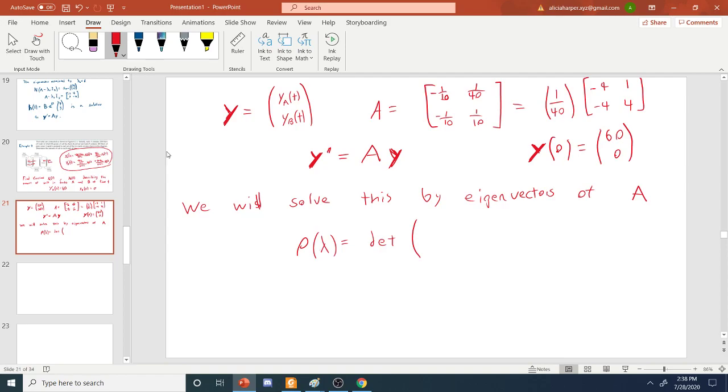So this right here is the same thing as the determinant of this thing right here.